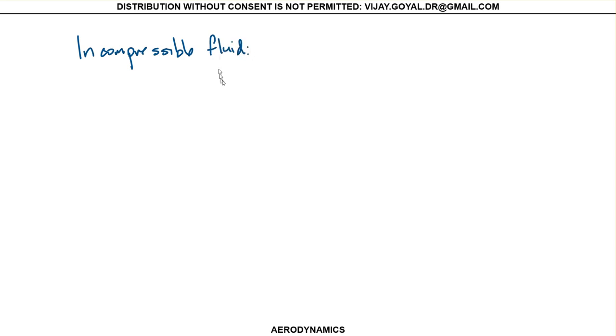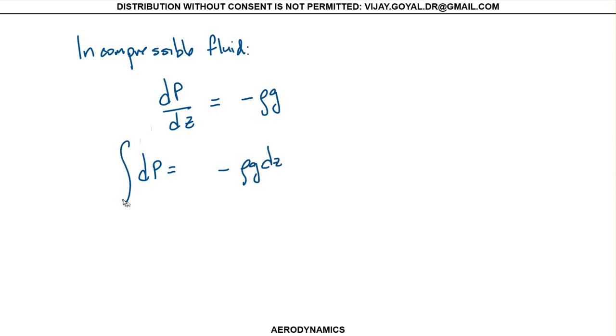we could go ahead and take this equation and say dp/dz is equal to minus rho g, and we could multiply both sides by dz, and we could integrate this on both sides, and that would give me P2 minus P1 is equal to minus gamma times (z2 minus z1).